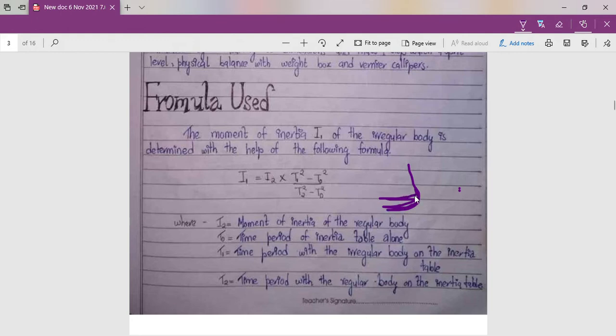Look at the movement carefully. When it starts from this point, and again comes back to the same point, it is said to be one complete oscillation.